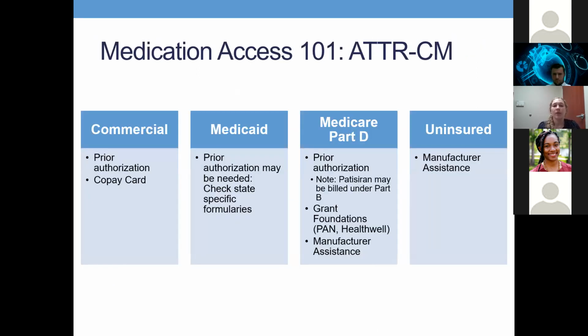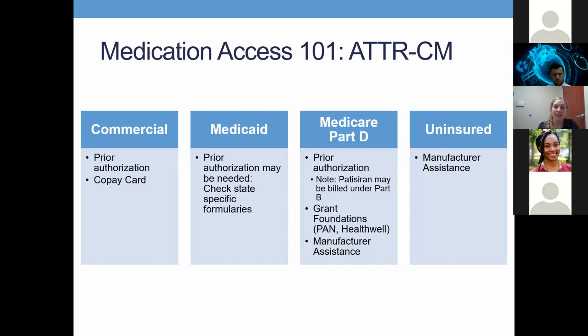Now to look a little bit more into medication access. How do we actually get these patients the medication at an affordable cost? And the most important question to ask is what type of prescription insurance that patient has, if any at all. And that's going to really determine what options we have.